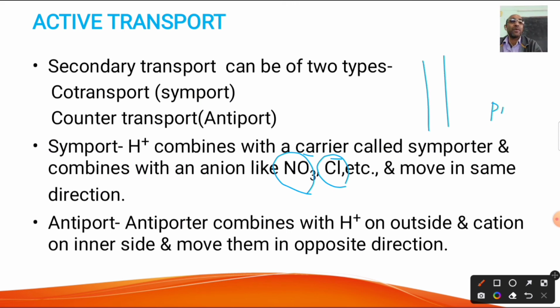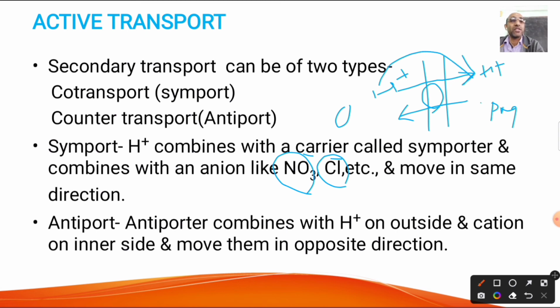If this is the plasma membrane and this is outside, then this antiporter combines with H plus on the outside and a cation on the inner side and they move in opposite directions. So, H plus is coming in this direction, whereas the cation is moving in the opposite direction. So, this is what your secondary active transport is all about.